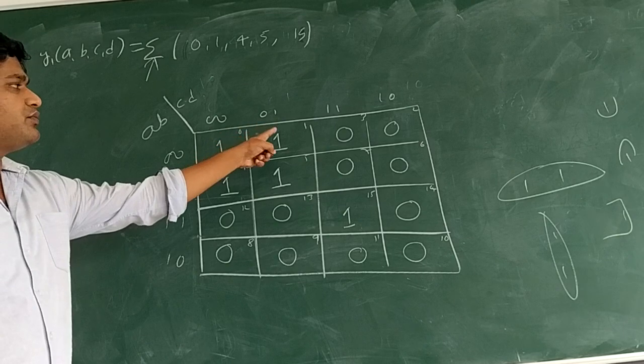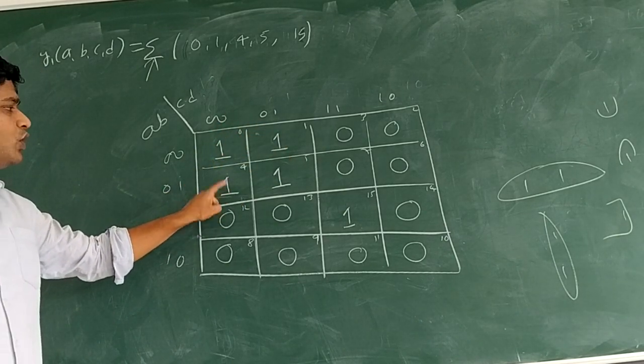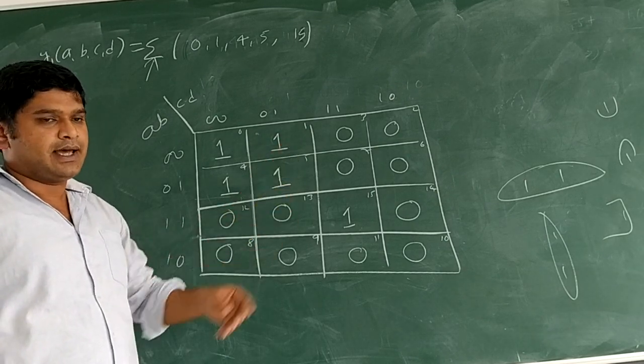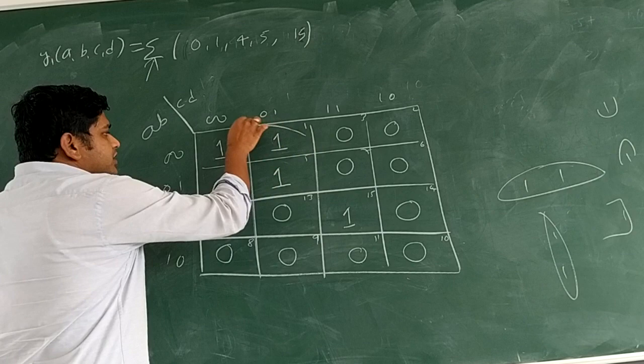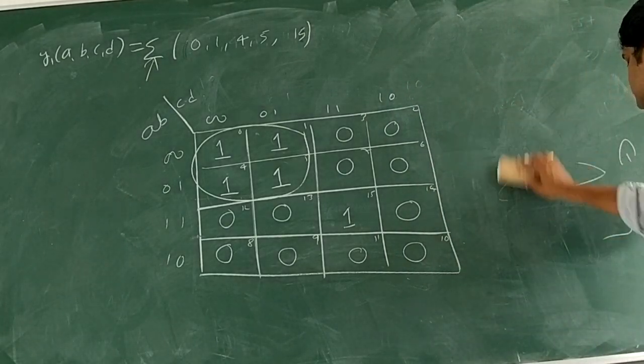0 adjacent with 1, 0 also adjacent with 4, 4 adjacent with 5, 5 adjacent with 1. Hence, think, can we put all these 4 ones in the same cover?